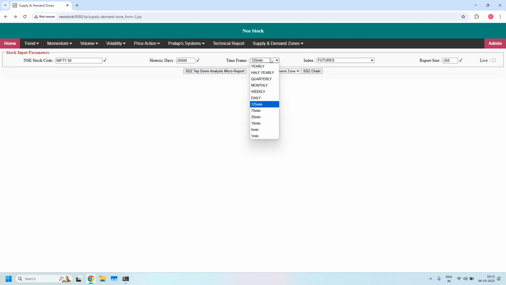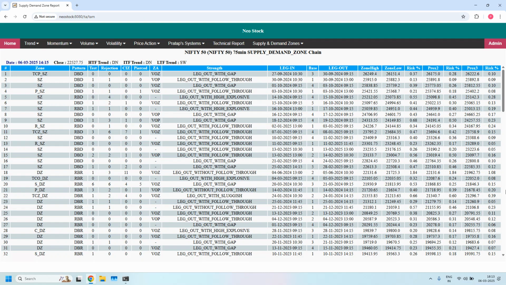Next, 75-minute supply demand zone chain for Nifty. The nearest demand zone to the current closing price. And the one above is the nearest supply zone to the current closing price.